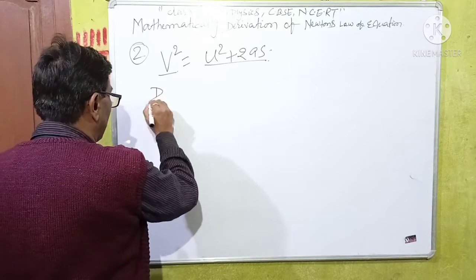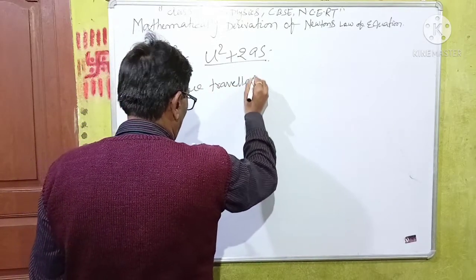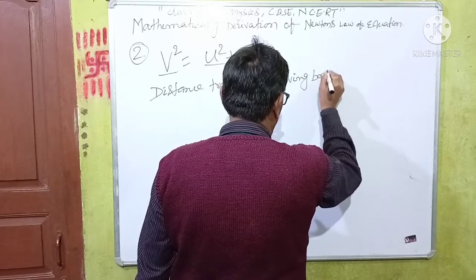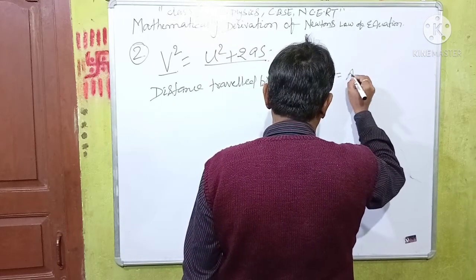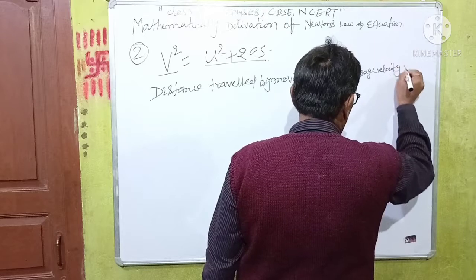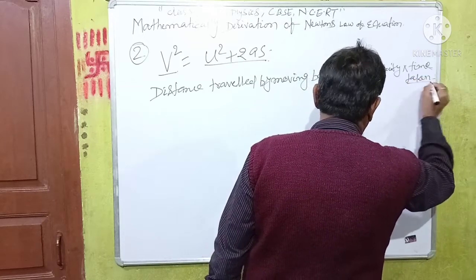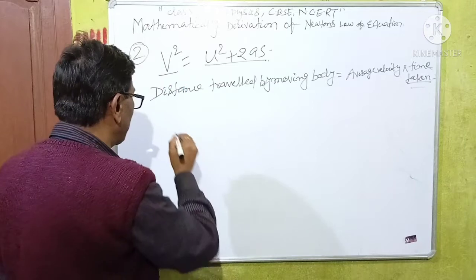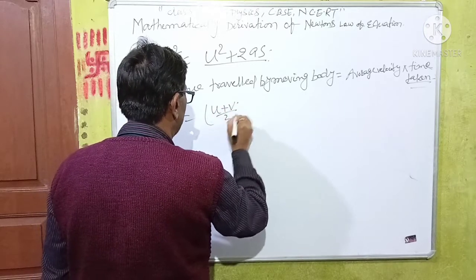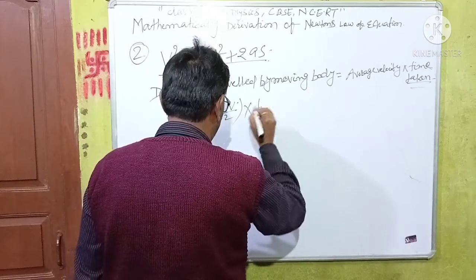So the distance traveled by the moving body is equal to the average velocity into time taken. The distance traveled is denoted by s, and the average velocity is written as (u + v)/2, the arithmetic mean of the initial velocity and final velocity, into the time taken, t.